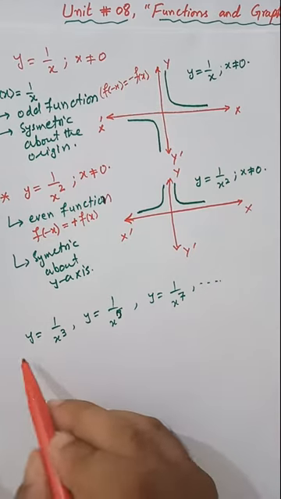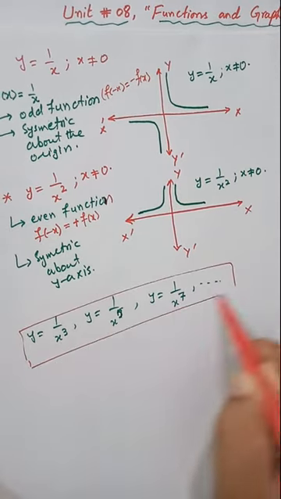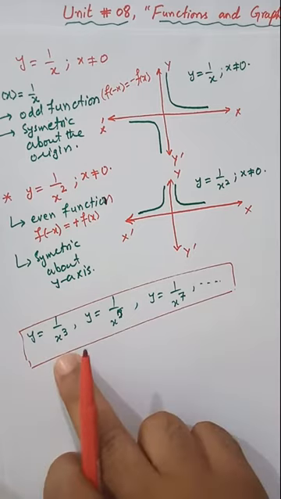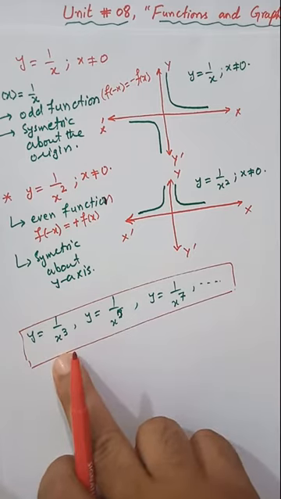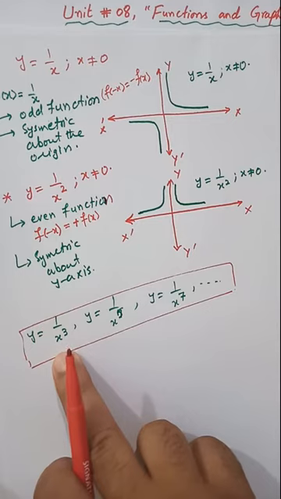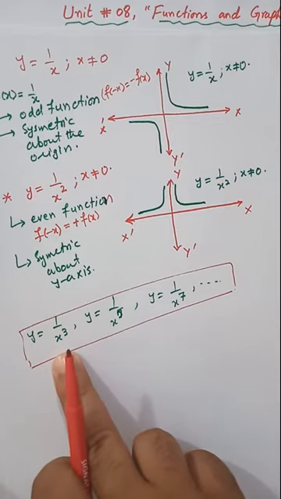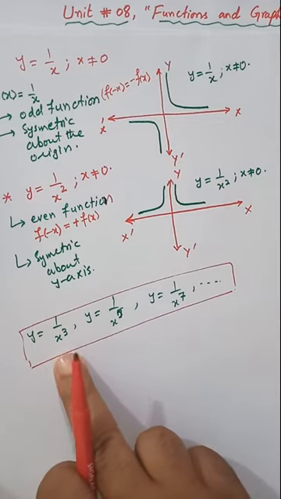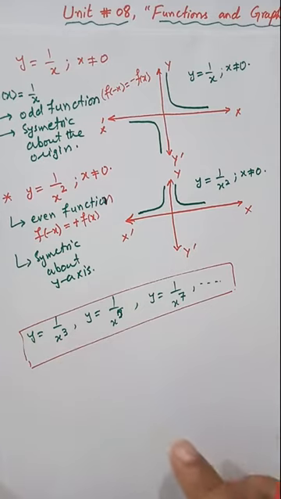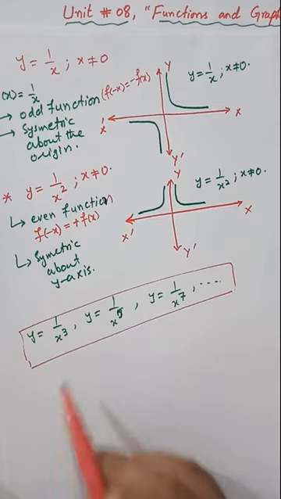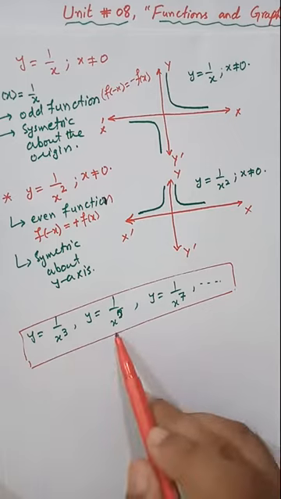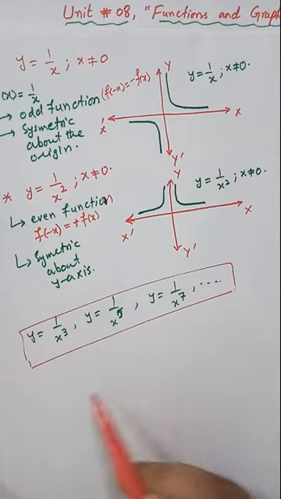That means when the value of n is a negative odd integer, meaning -1, -3, -5, -7, and when you shift that negative numerator into the denominator, it will become 1 divided by x cube, 1 divided by x power 5, 1 divided by x power 7, and so on.